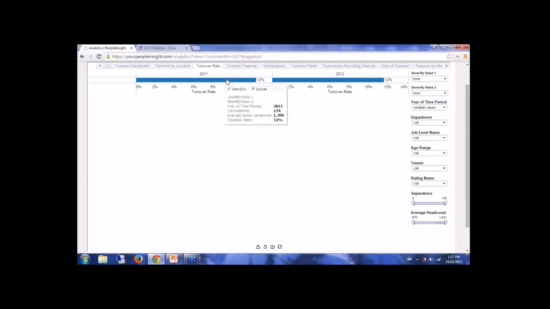As you see here, when I hover, although 12% and 12%, the number of terminations is different, and the headcount has grown.